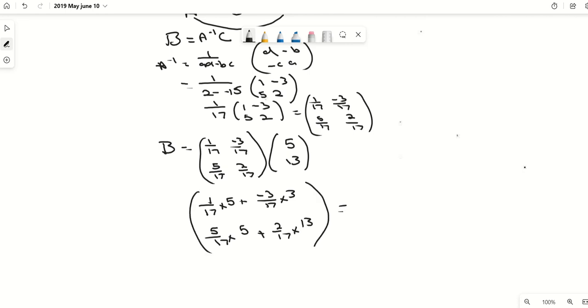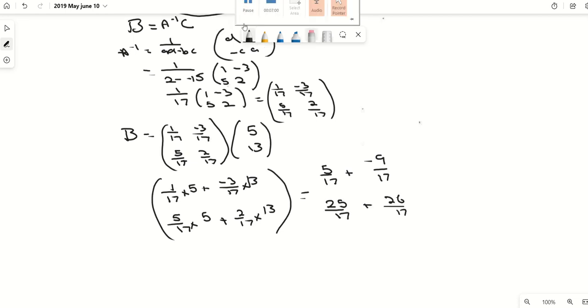So this is going to be 5 over 17 plus minus 9 over 17, right? Okay, I put 3 there. So it would have been 1 by 5 is 5 over 17. Not plus, it would be plus minus 3 by 13, which is 39 over 17. Right?